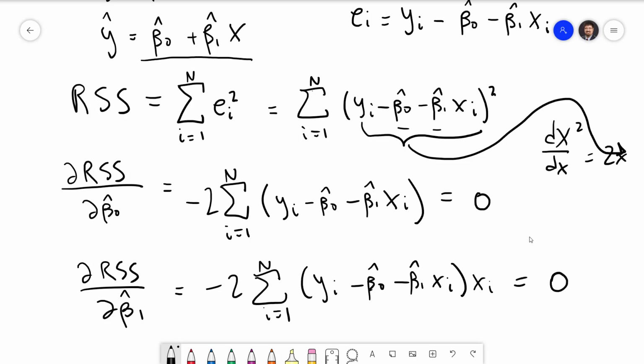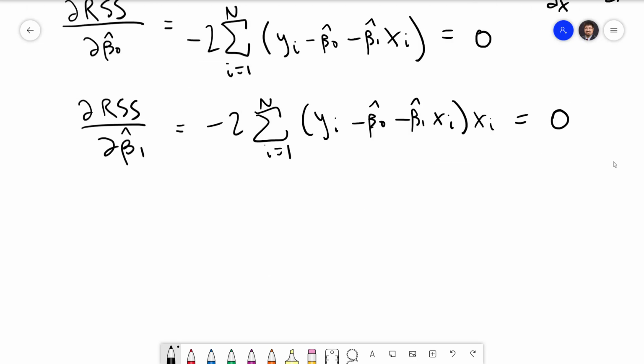We now have two equations with two unknowns. The two unknowns are beta naught hat and beta 1 hat, and then we could do some algebra to figure out what those things are. For the purposes of keeping the video short, I'm going to skip the algebra and go right to the solution. The solutions we end up with are beta 1 hat equals S_xy divided by S_x squared.